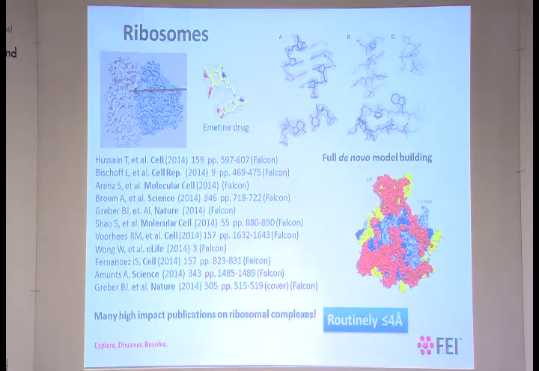So the automation really helps in the efficiency of high throughput data collection. So now routinely using automated procedures, we get to below 4 angstroms, really below 4 angstroms for ribosomes.